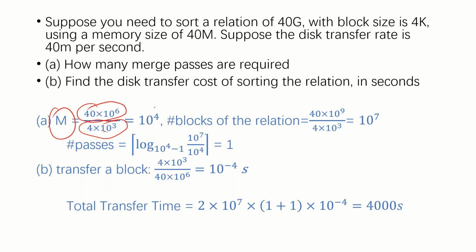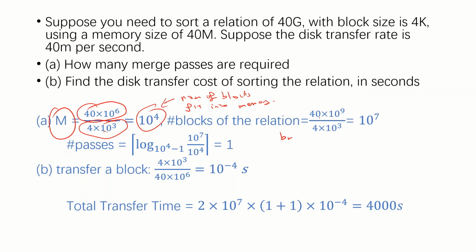So this is the number of blocks I can fit into memory. The next thing we want to find out is how many blocks there are in my table, which is my BR.